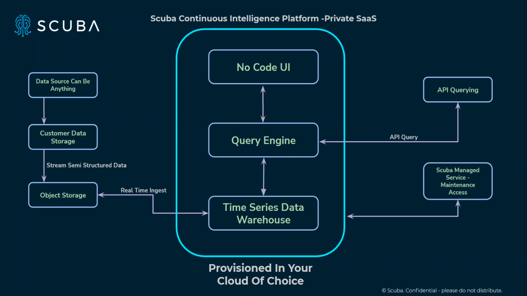There's also the option to use an API to do programmatic querying against the time series data warehouse. Our customers will store their semi-structured data, and they can store massive data volumes. So billions of records per day, if that's how large their data volumes are, with year-over-year retention.